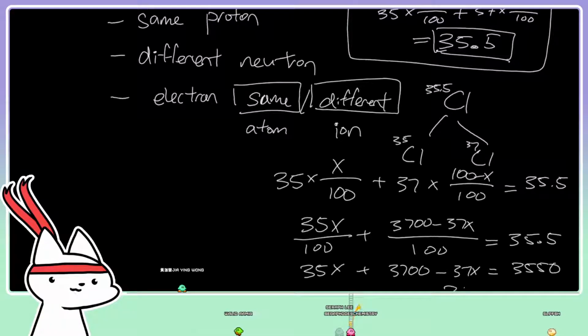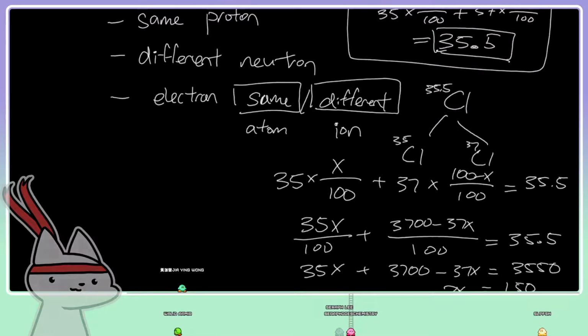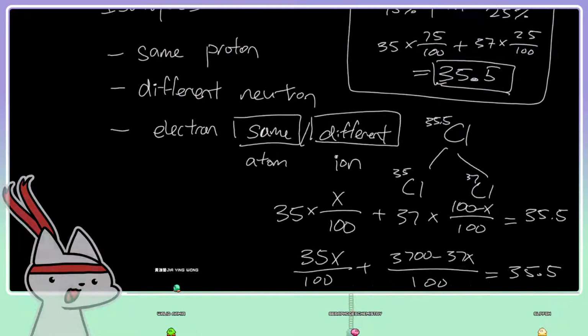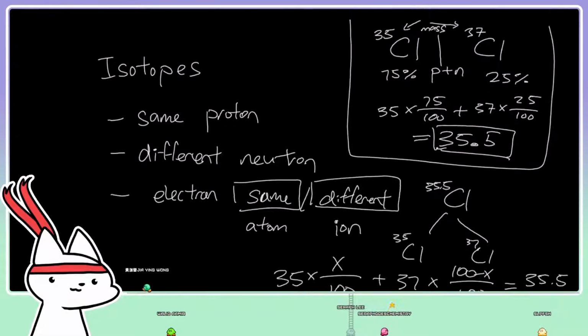If you solve it, you get 2x equals 150, and x equals 75. So this will be some of these, I would say, commonly mentioned by students as being difficult.